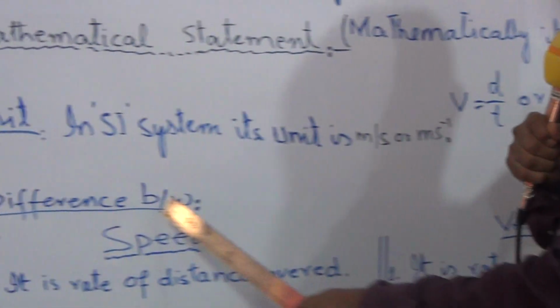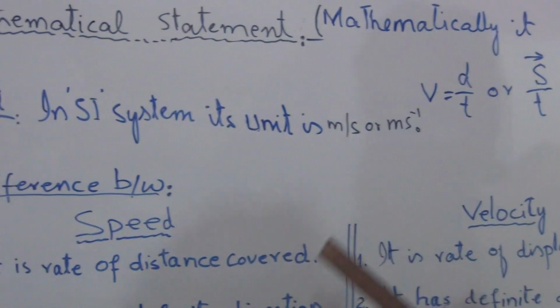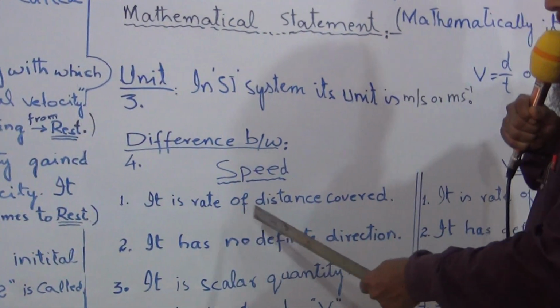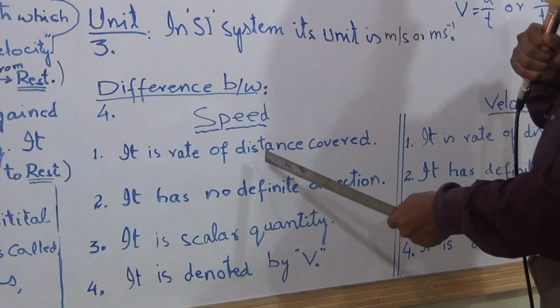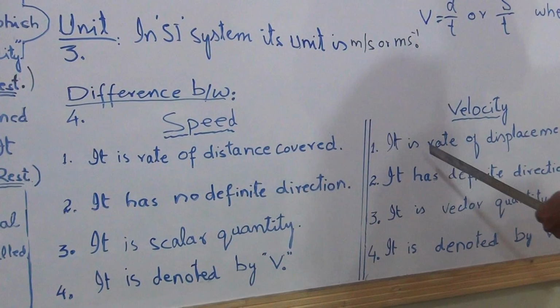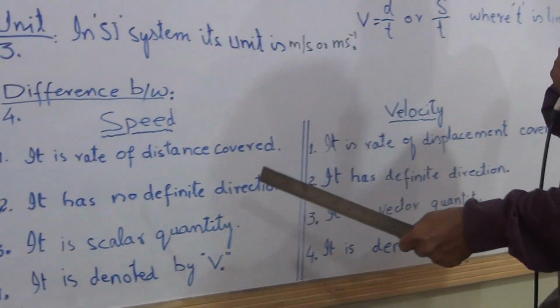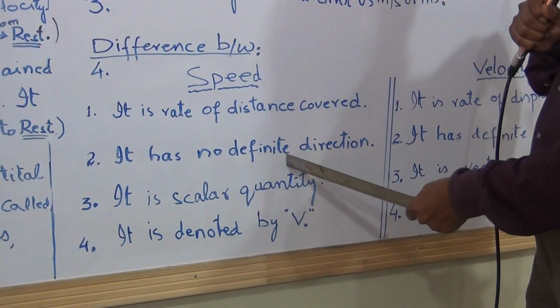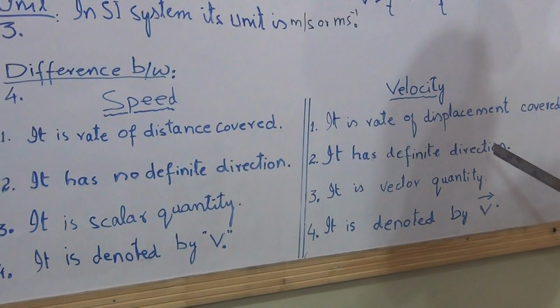Now, difference between speed and velocity. Speed is the rate of distance covered. As you know, speed depends upon the distance divided by time. Velocity is the rate of displacement covered. Number 2, speed has no definite direction, while velocity has definite direction.